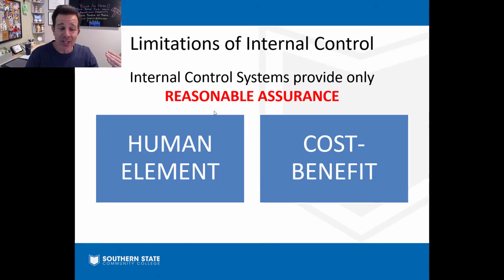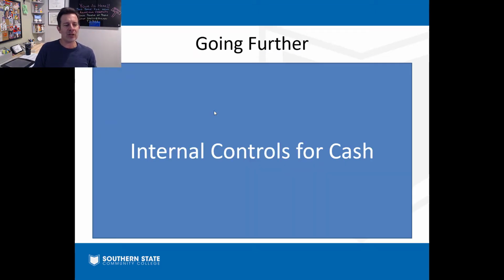Well, at some point, the cost of doing those items is going to exceed the benefit. Okay? And so that's another limitation of internal control. We could design the crazy controls that will give us 100% security and peace of mind, but the cost is going to be so exorbitant, it's not going to be worth it. So those are 2 limitations of internal control that you need to be aware of.